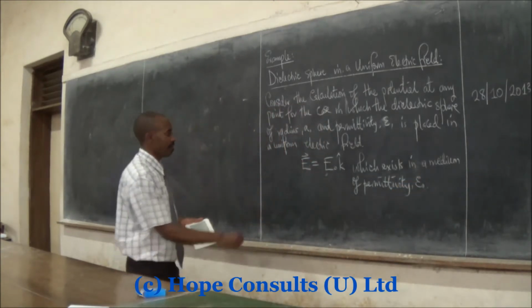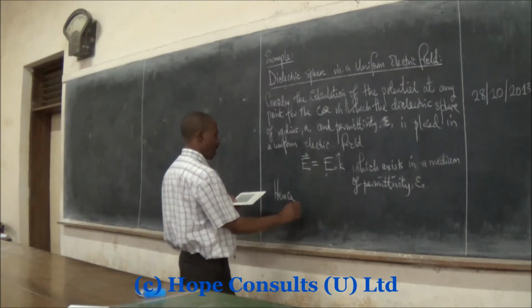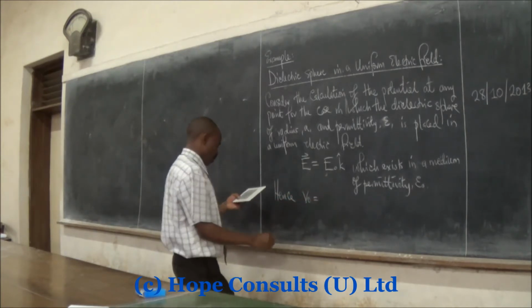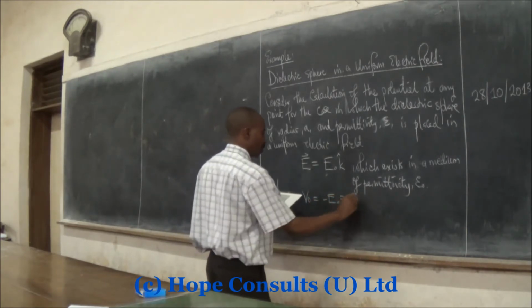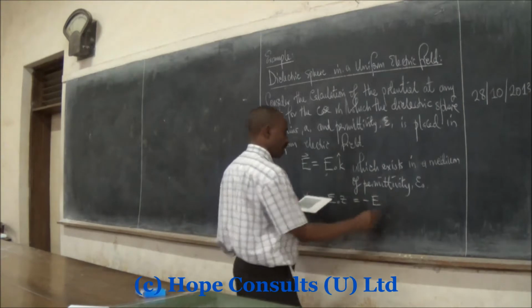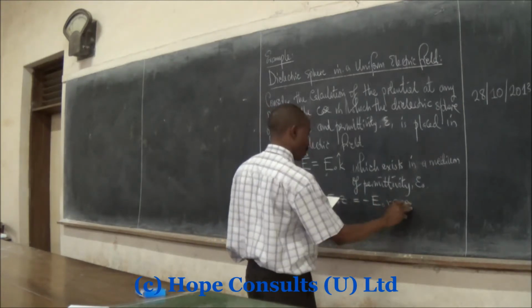Hence we would have that V naught is equal to minus E naught Z, which is equal to minus E naught R cos theta in spherical coordinates.